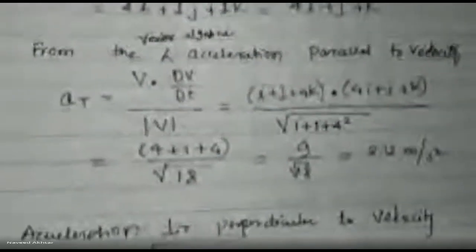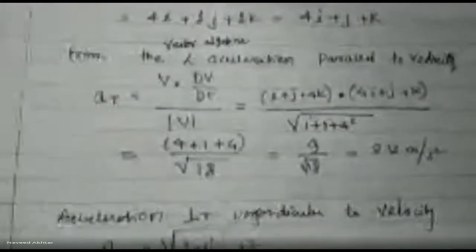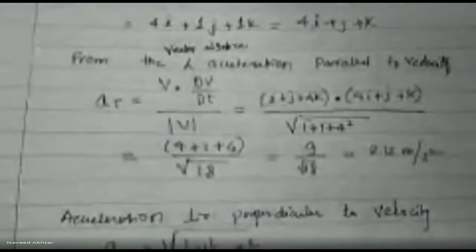So you know that the velocity field is 1i plus 1j plus 4k.